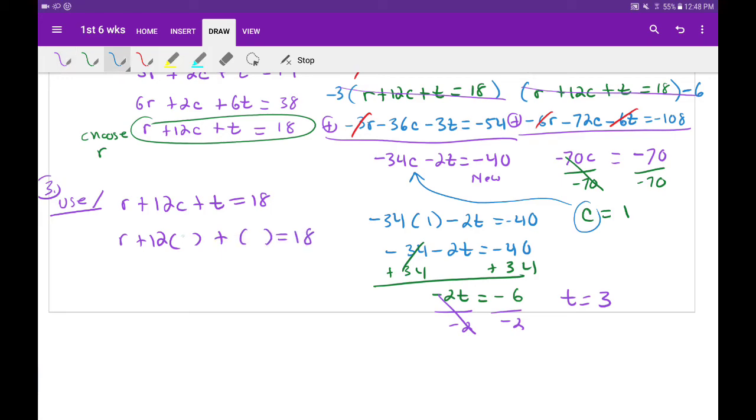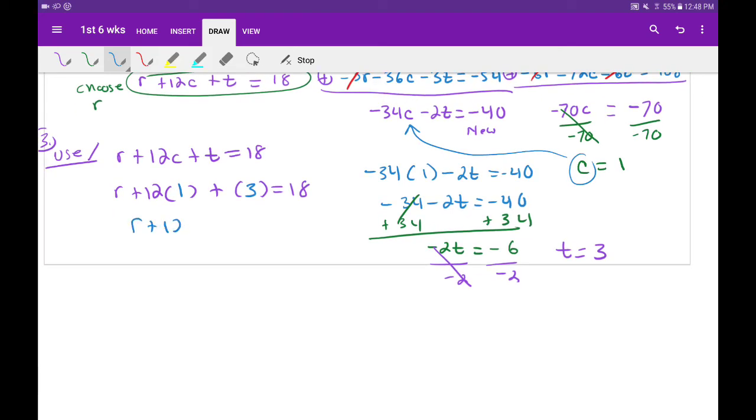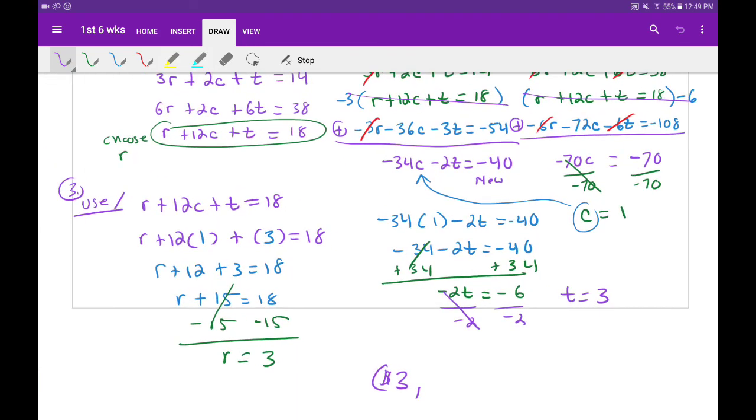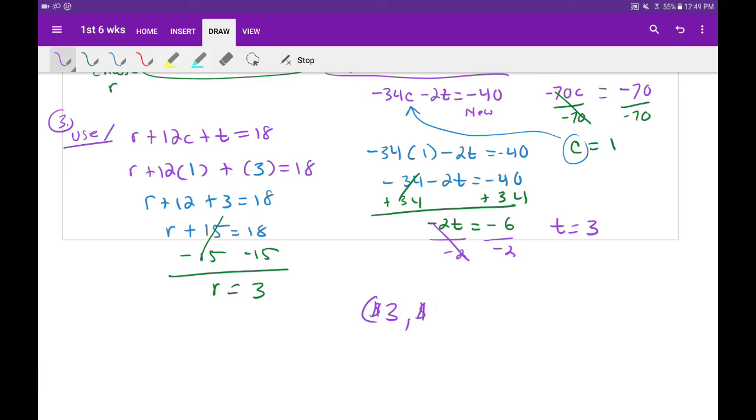We know that C is 1 and T is 3. So we get R plus 12 plus 3 equals 18. Then we get R plus 15 equals 18. Subtract 15 from both sides, and we get R equal to $3. So the ordered pair for this solution will be: roses are $3, carnations will be $1, and the tulips will be $3 as well.